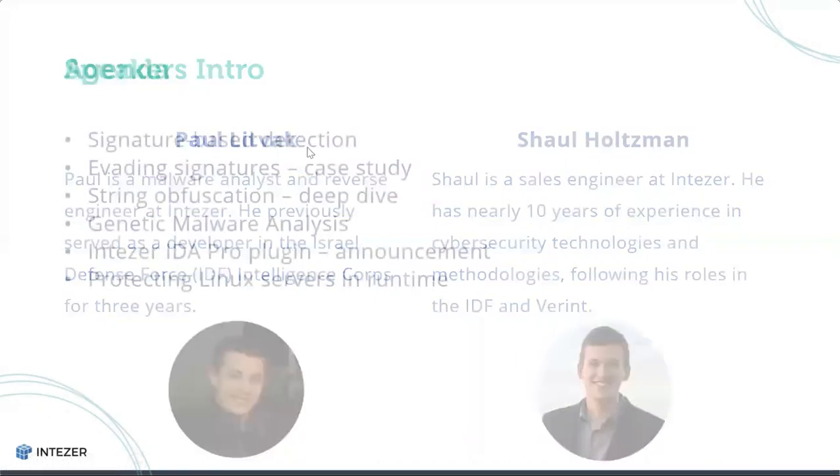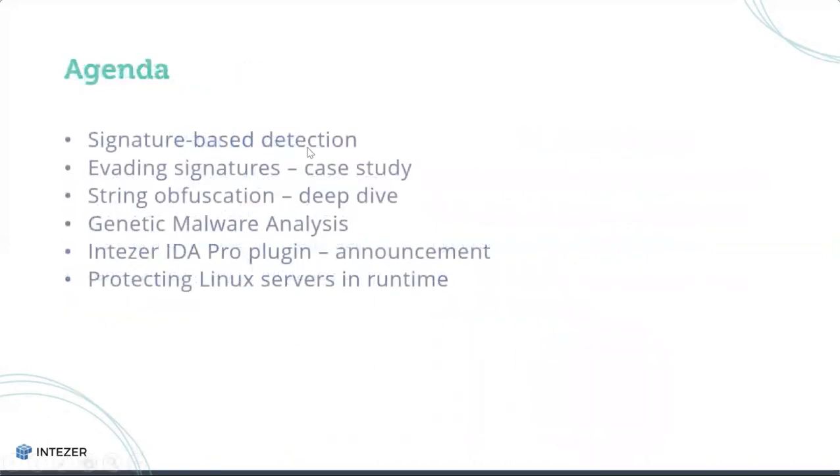So we'll start by going over the agenda quickly. We're going to start by talking a little bit about what signature-based detection is. Then we're going to talk about a specific case of signature evasion that Paul found and how that works. We're going to talk about string obfuscation specifically, and also show a live demonstration of how you take a detected malware and make it into a fully undetected sample.